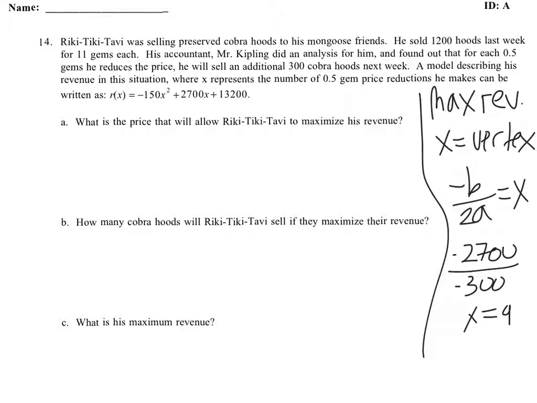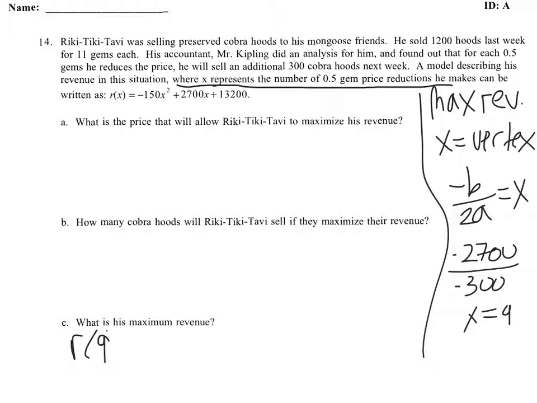Just like what we were looking for before, x is representing the number of price reductions. So we're not talking about x being the number of things that they sell, but the number of reductions that they can make. Again, I find it easiest to start from the maximum revenue and then move up to the other parts just because we have x and we have an equation.